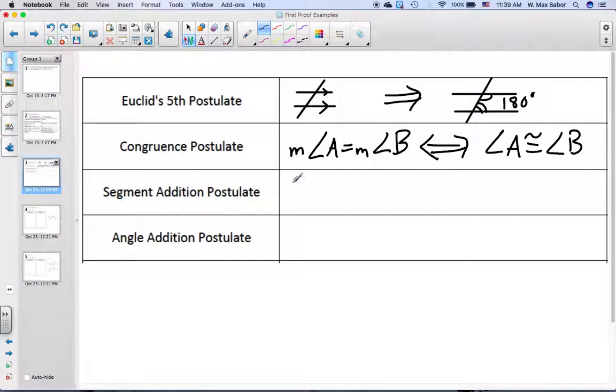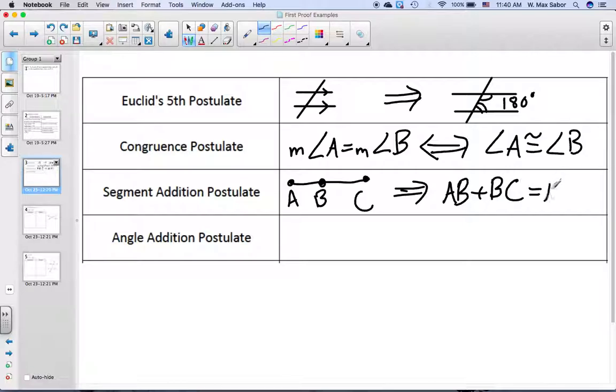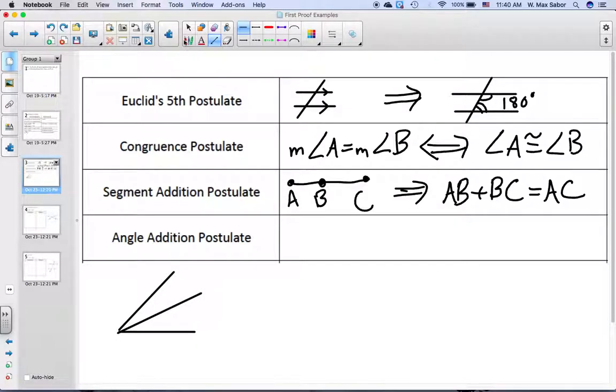The segment addition postulate, we went through that before, but that's the idea that if we have A, B, and C, then that causes AB plus BC to be equal to AC. And the angle addition postulate requires a little more diagram.